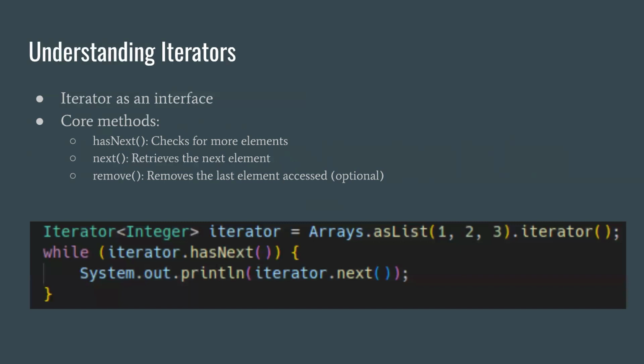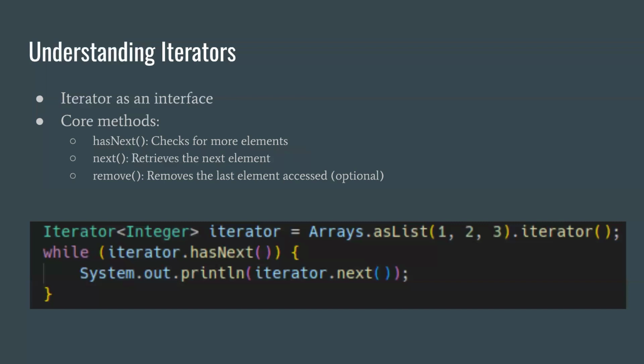Understanding iterators. So the iterator in Java is an interface included in the java.util package. It provides three main methods. First, hasNext, and hasNext checks if there are more elements available to explore. Second is next. Next retrieves the next element in the collection.